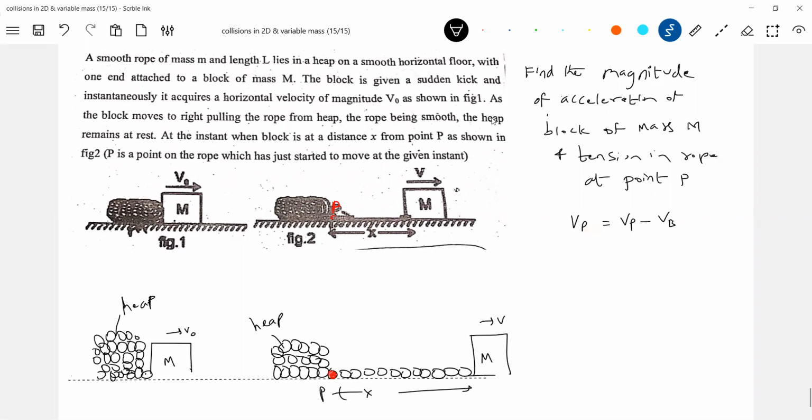The link which is at rest will get added up to the moving system.